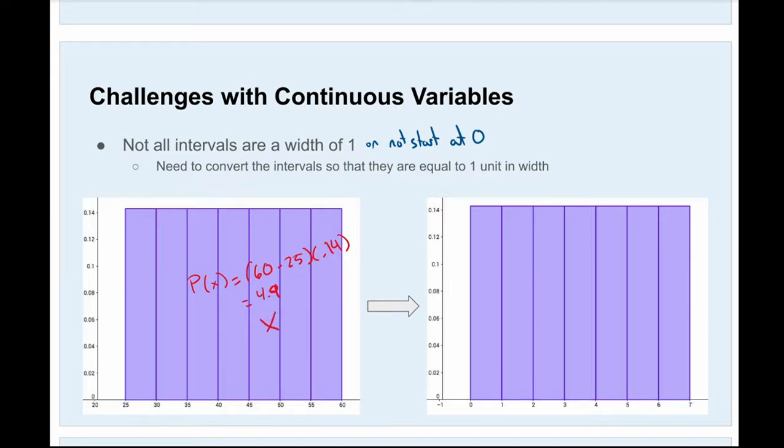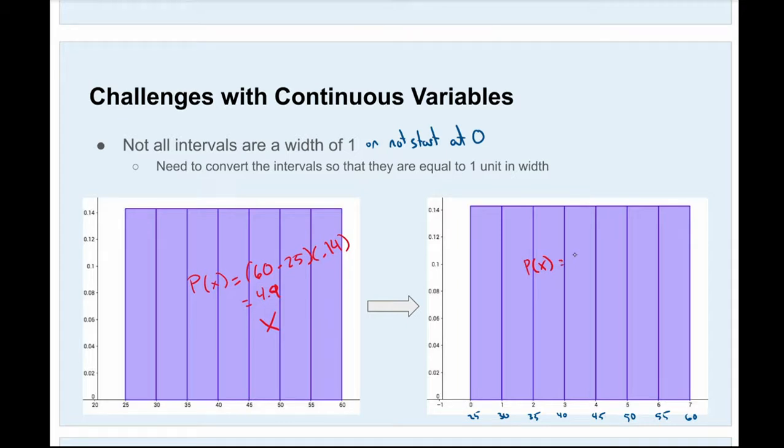So when we convert our intervals so that we start at 0 and we use units of 1, still recognizing that this still represents 25 to 30, 30 to 35, 40, 45, 50, 55, 60. Still recognizing that that's what those values represent, but we're using different scales that allows us to calculate the probability.